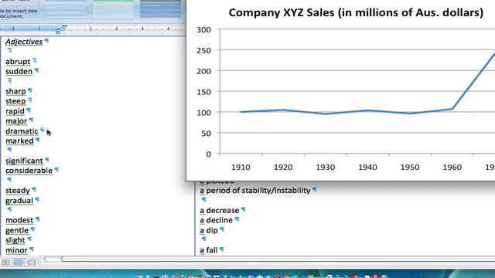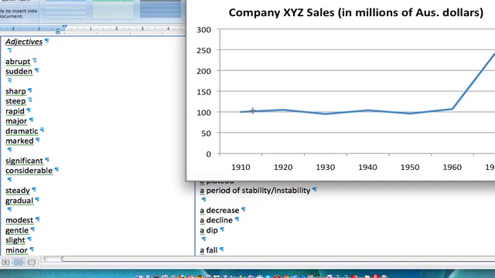Now the next group of words, sharp, steep, rapid, major, dramatic, and marked, are all used to describe a movement either upwards or downwards that is significant. So this would be a change that is more major than just a basic change in value.